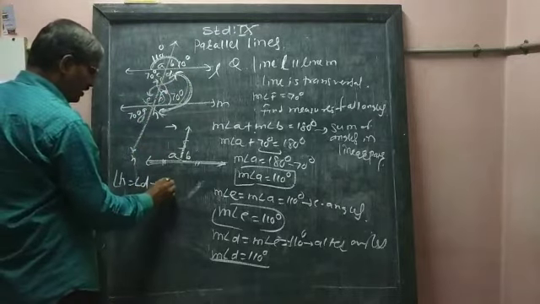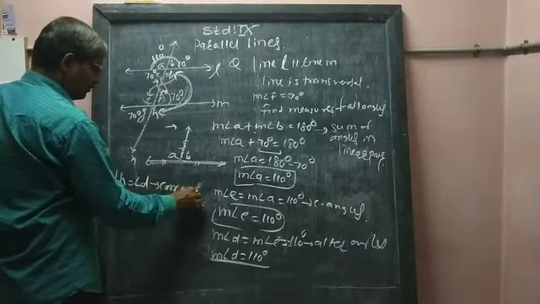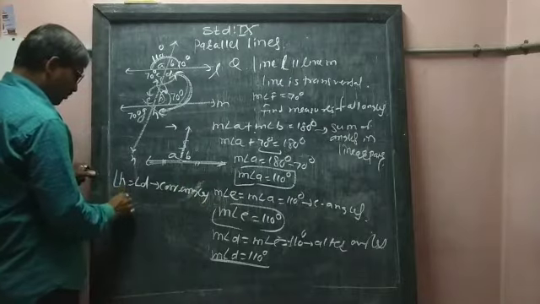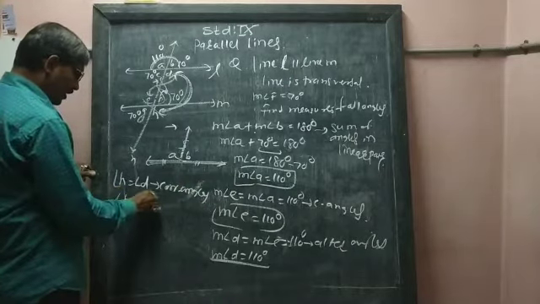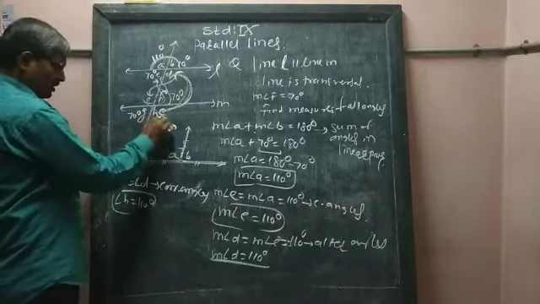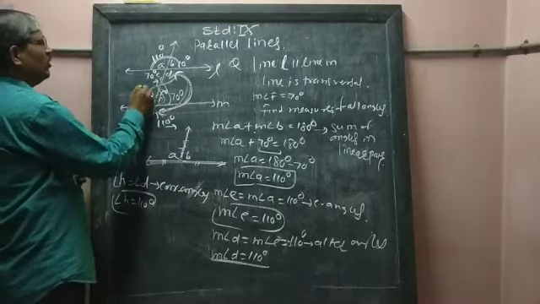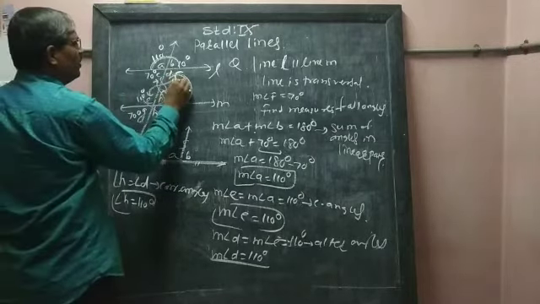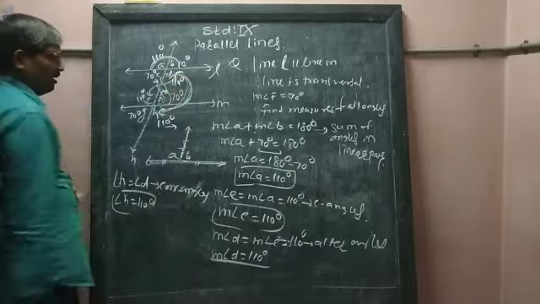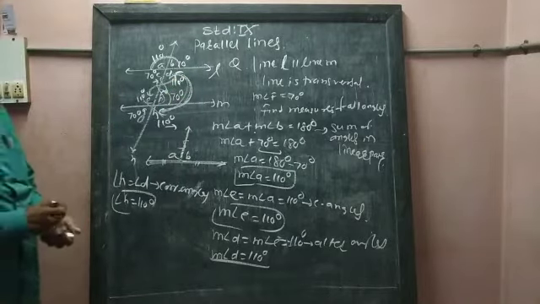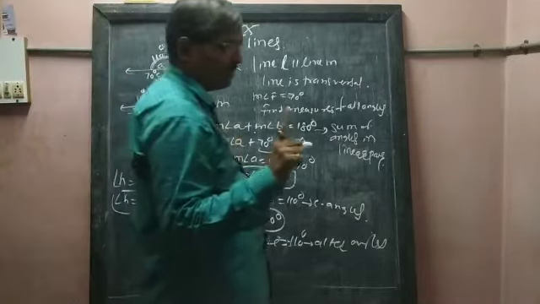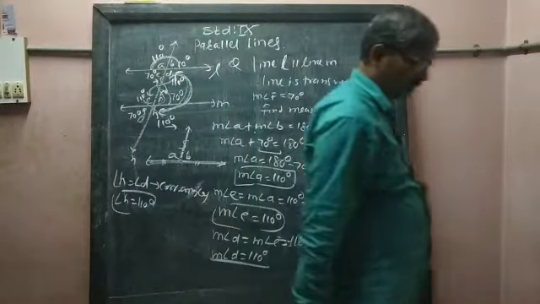Writing here corresponding angles. Therefore angle H is equal to 110. This means E is equal to 110, D is equal to 110. This way, we can calculate if you know the measure of any one angle.